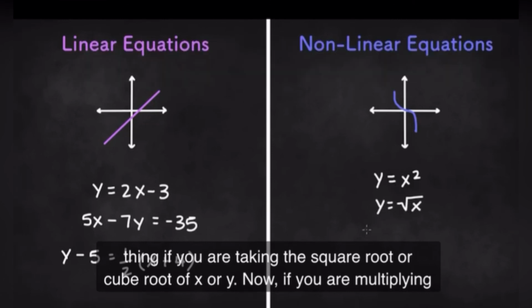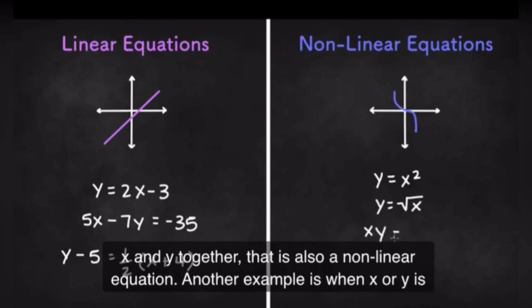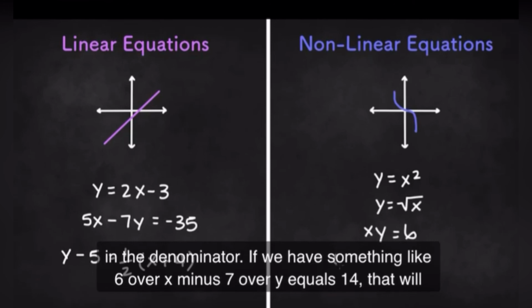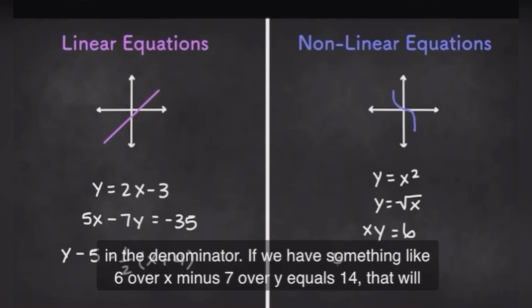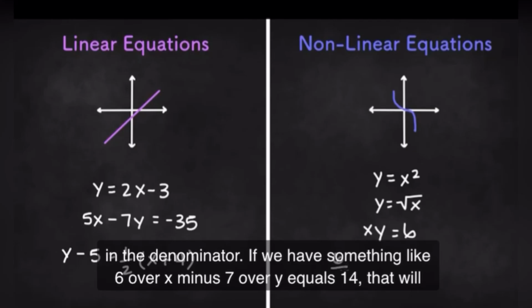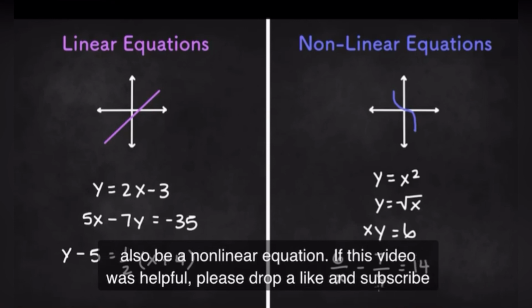If you're multiplying x and y together, that's also a non-linear equation. Another example is when x or y is in the denominator, like 6 over x minus 7 over y equals 14. That will also be a non-linear equation.